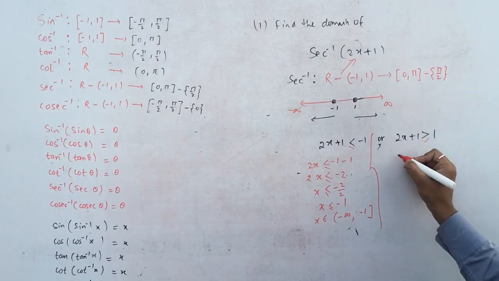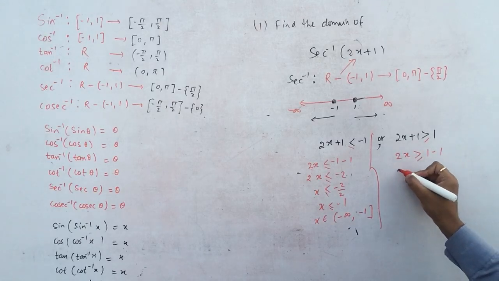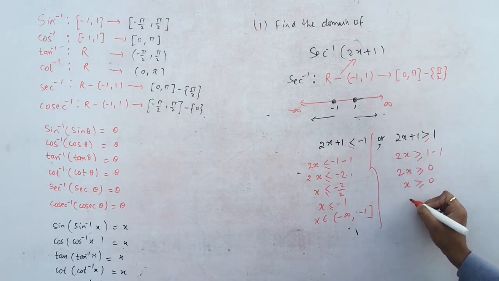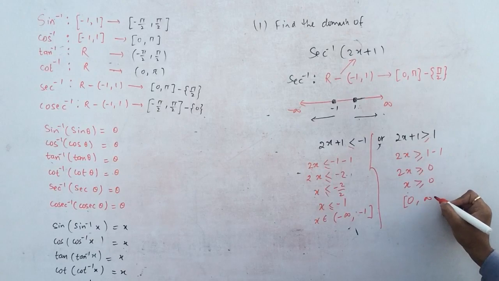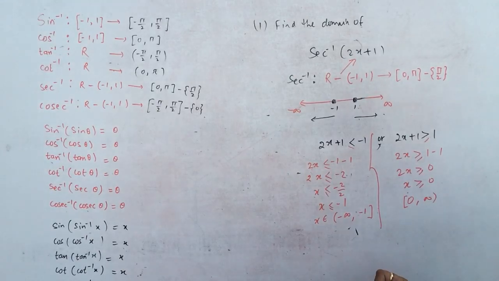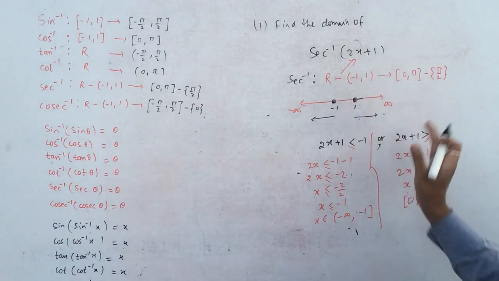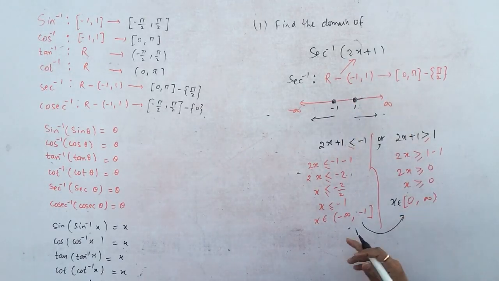Now solve the other. 2x plus 1 greater than or equal to 1, so 2x is greater than or equal to 0, and x is greater than or equal to 0, so it is 0 to infinity, closed interval. Now, should we take the intersection? Not the intersection, since both sets of values are valid, we take the union.